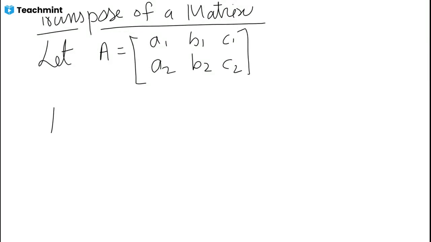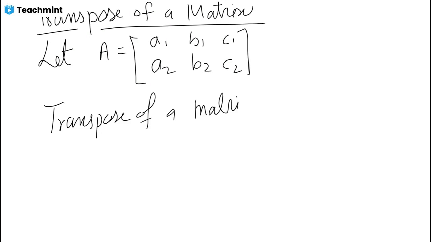The transpose of matrix A is denoted by A dash, or in some books they use other symbols to represent transpose. But the most common symbol is this.